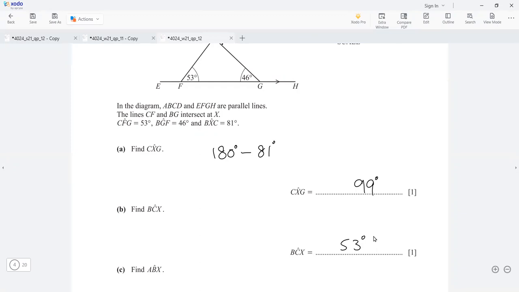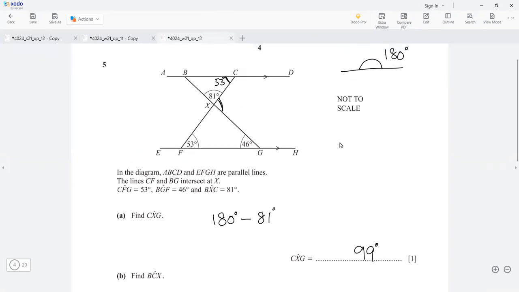So what about the next one? The next angle is angle ABX. Where is it lying? Starting from A, then B, and X. We can do different things for solving this, but I'm making you understand the easiest way.